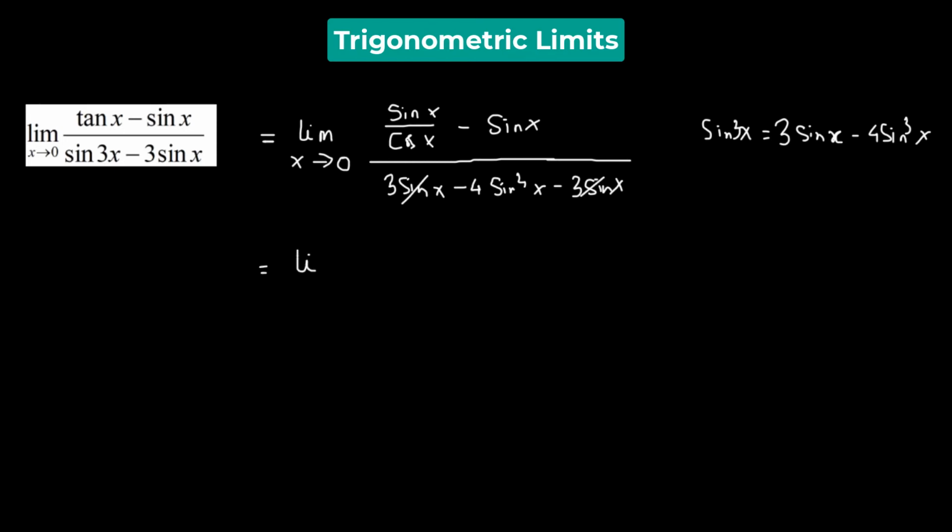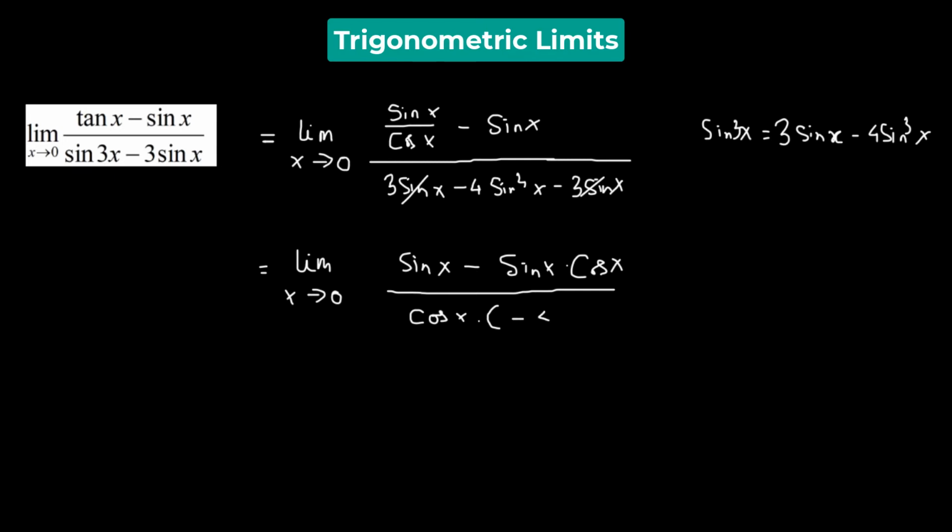And then we have limit x approaching 0. So we combine the two terms in the numerator. So we have sine x minus sine x times cosine of x, divided by the denominator, the sine of x multiplied to minus 4 sine cubed x. Now we can combine the sine x in the numerator.